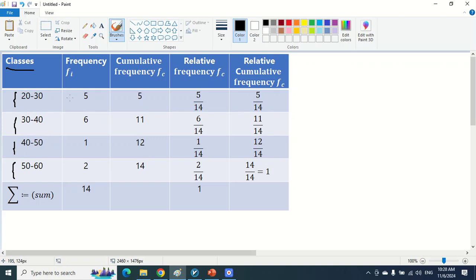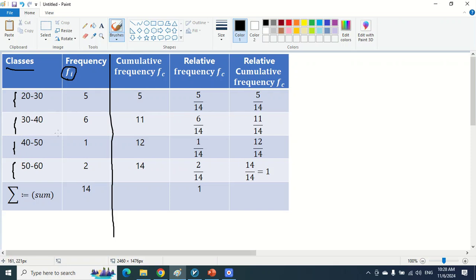And the related frequencies are given. So this table up to this point is constructed based on given information. For example, we have 5 numbers between 20 and 30, 6 data between 30 and 40, 1 data between 40 and 50, and 2 data between 50 and 60.